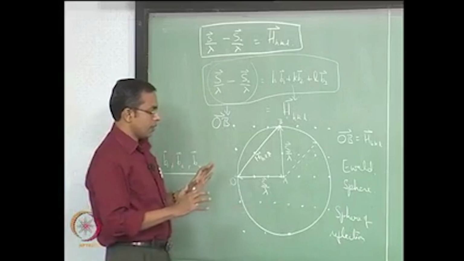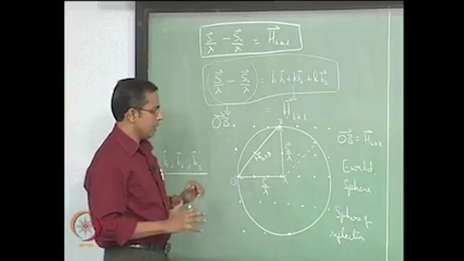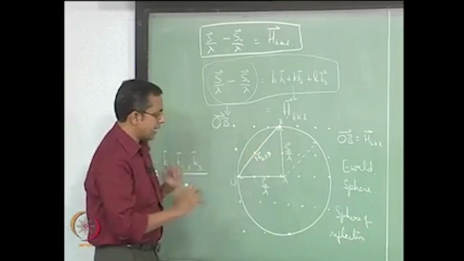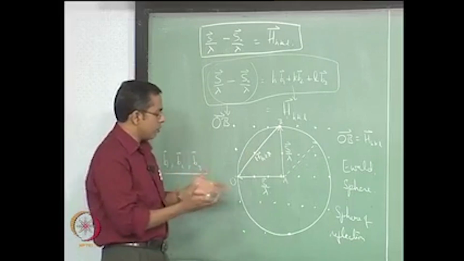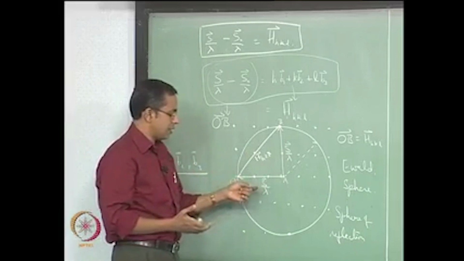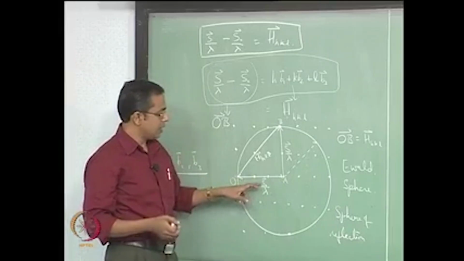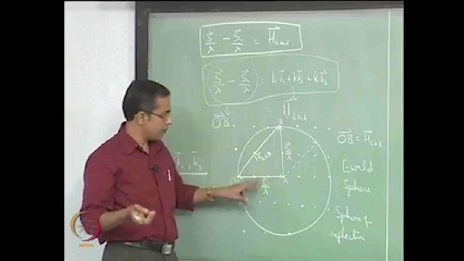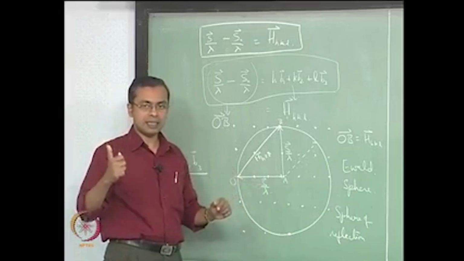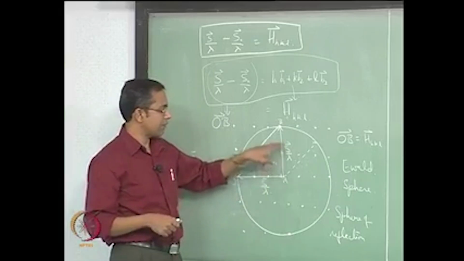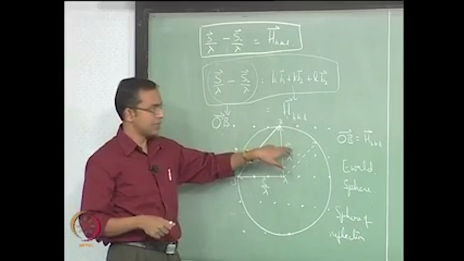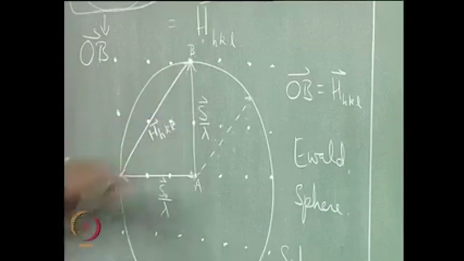What I want to highlight now is that on this diagram I think we have a good feel for the fact that there is a wave arriving in a particular direction which we are simply denoting by 1 by lambda, and we are looking for the diffracted beam in some direction which we are designating by S, and 1 by lambda is the magnitude.